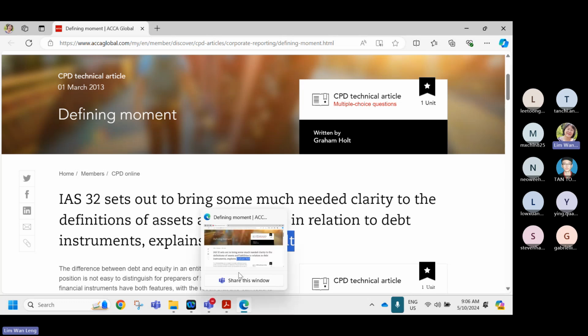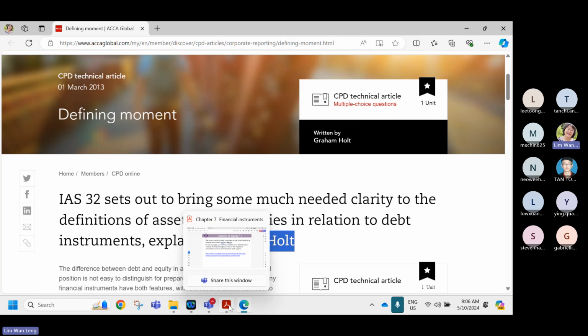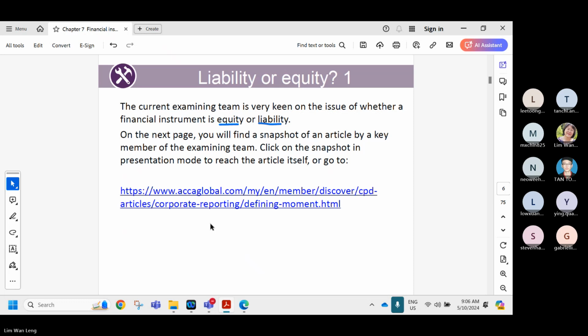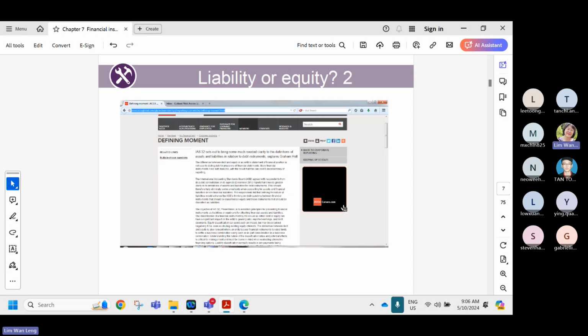The link is already in your notes, so later you can just have a look. These are the defining moments. They tell you what they need you to distinguish. What are the characteristics? Liability, equity, how do you know?